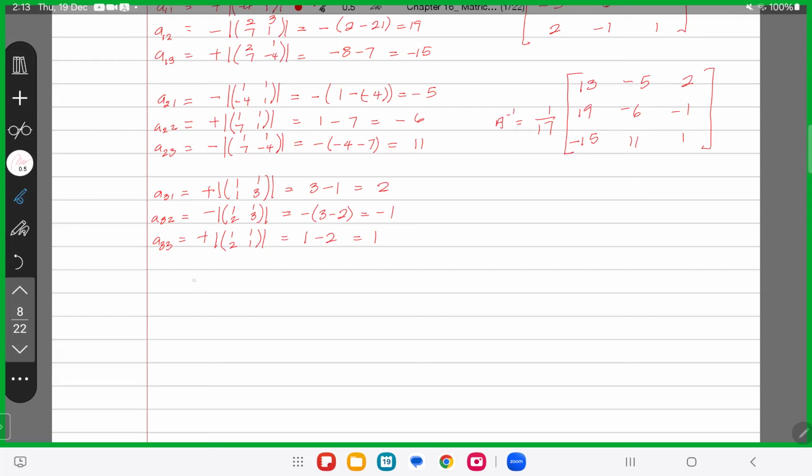Now, x, y, z would be equal to A inverse times the adjoint times matrix B, which is 3, 6, 4.